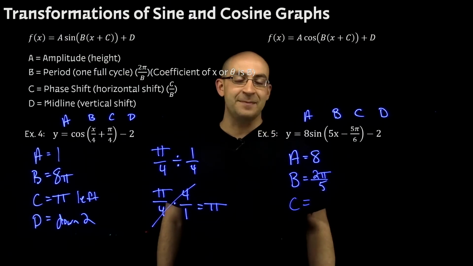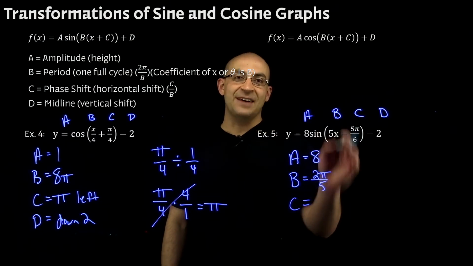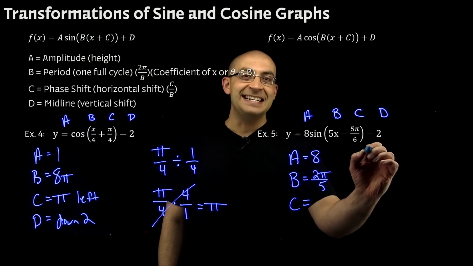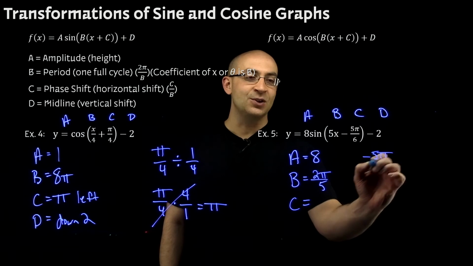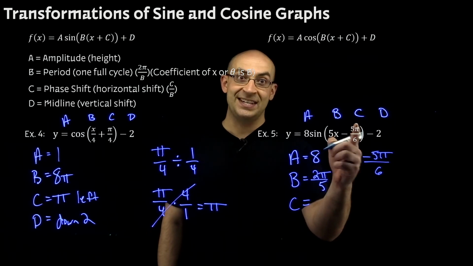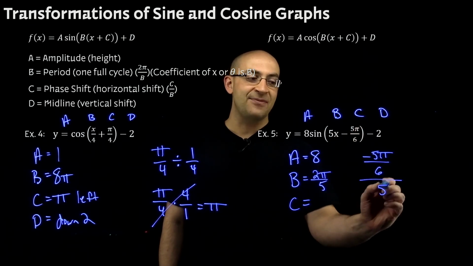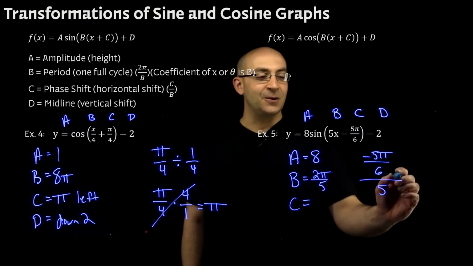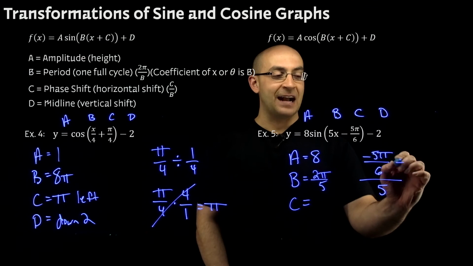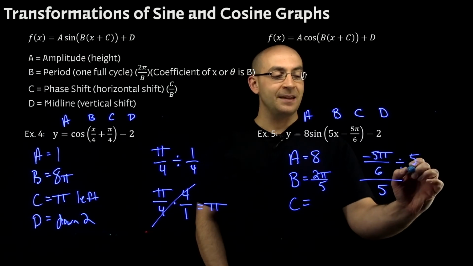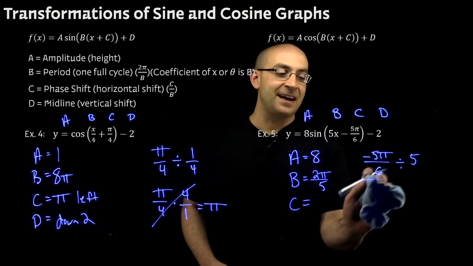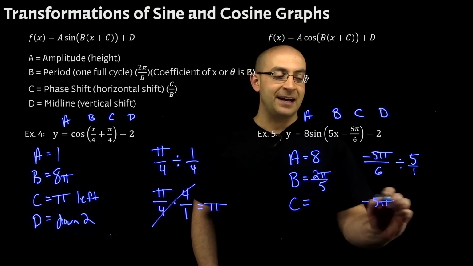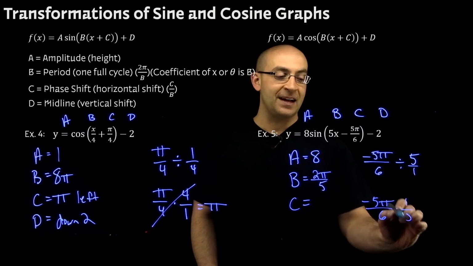C is going to be our phase shift, C divided by B. This one's going to stink. So I have a -5 pi over 6, which is C, and I'm dividing that by 5, which is B. Ugh. So we don't divide by fractions like that. This is going to be -5 pi over 6 divided by 5 over 1, which is -5 pi over 6 times 1 over 5.